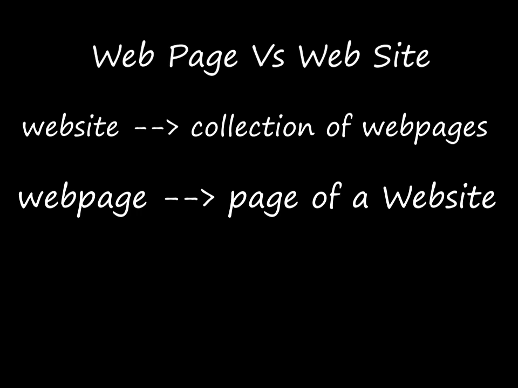A web page is a page of a website. Every page will have a unique address, which is called a URL, that is Uniform Resource Locator, right? This URL locates the pages on the internet. A web page consists of a single document which is displayed by a browser.